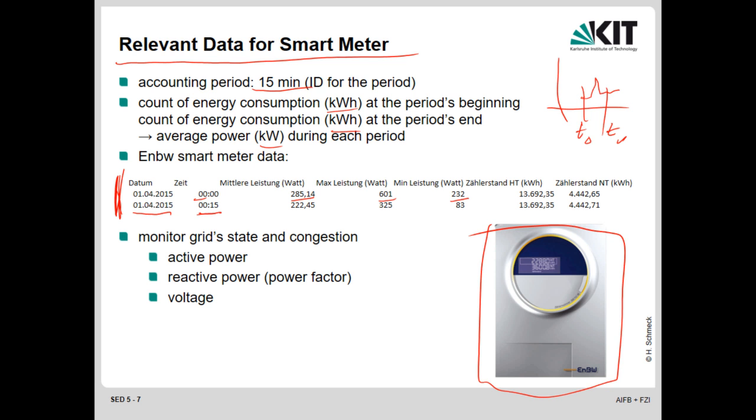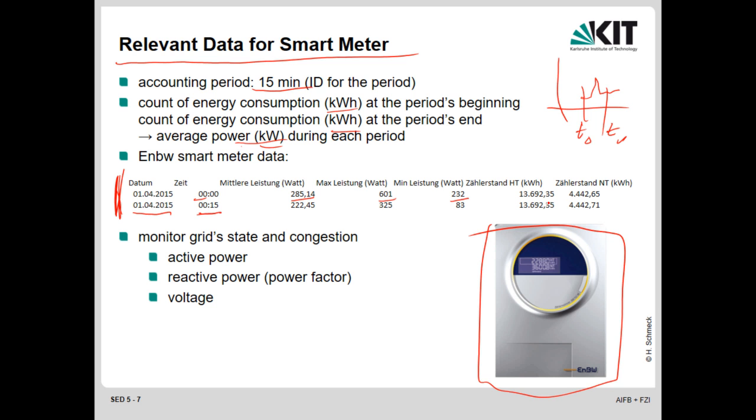You don't see these peaks if you just report the average power consumption. But you get to know about those peaks if you also get the maximum and minimum values. So this has additional effects, in particular if you want to find out what has been going on in that house. If you only get average data, it's more difficult to find out profiles of devices than if you also have the maximum and minimum power consumption.